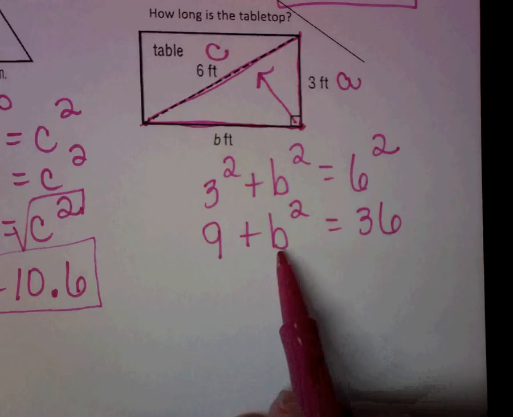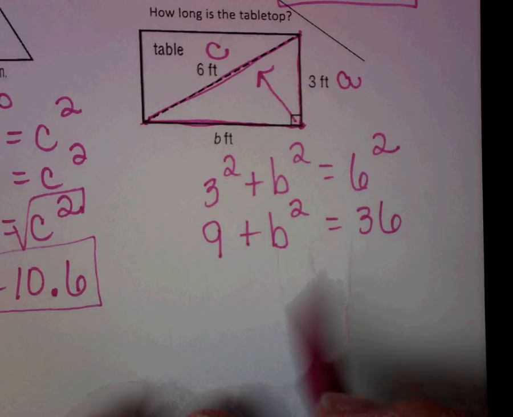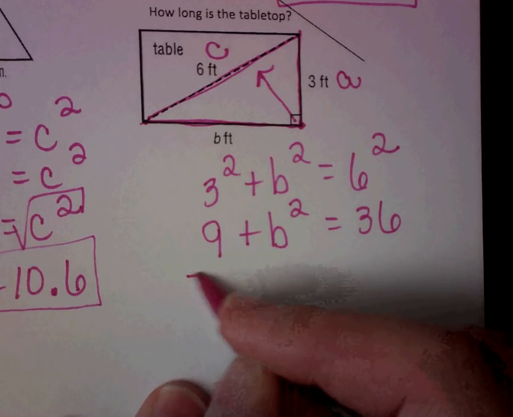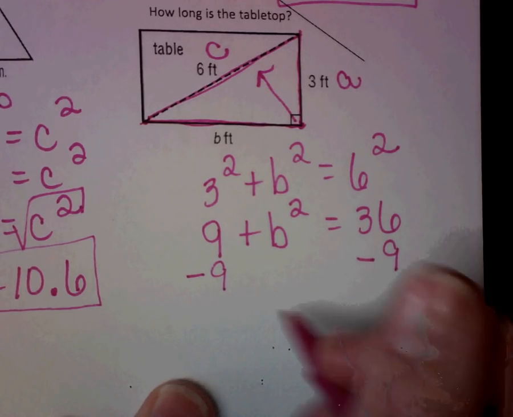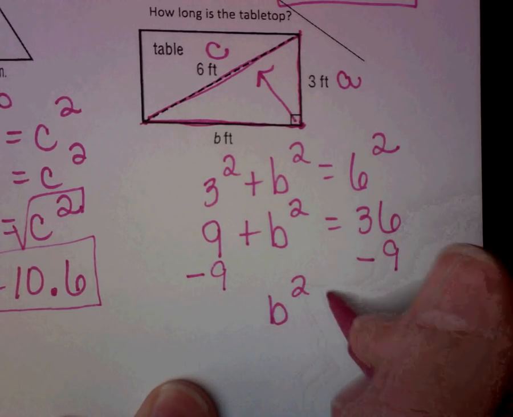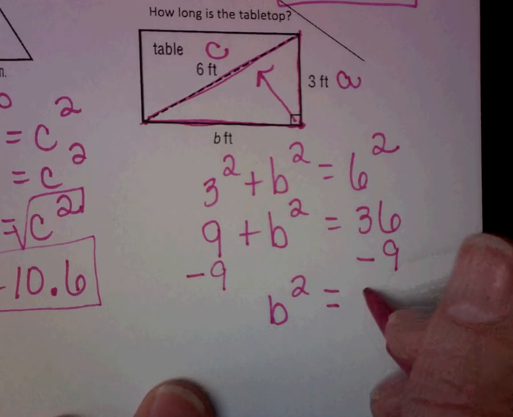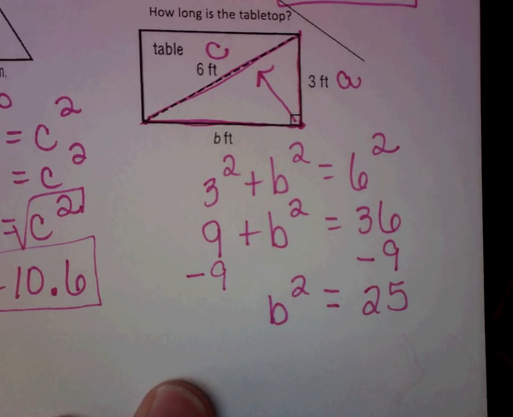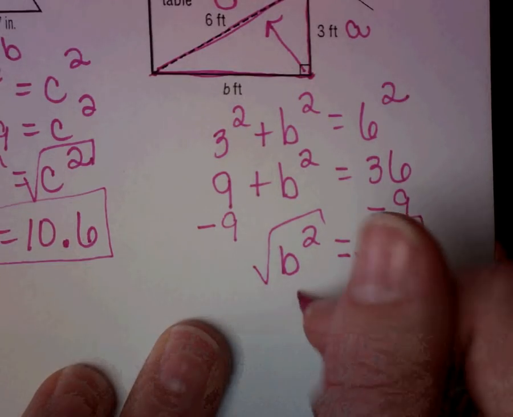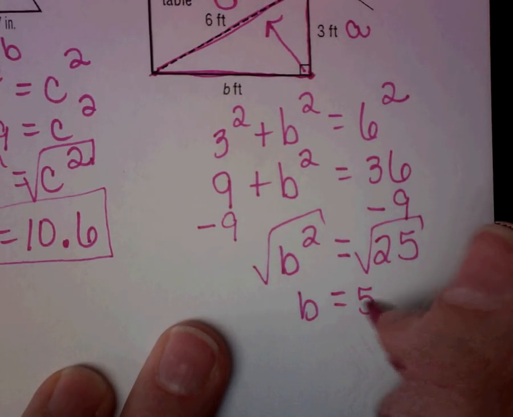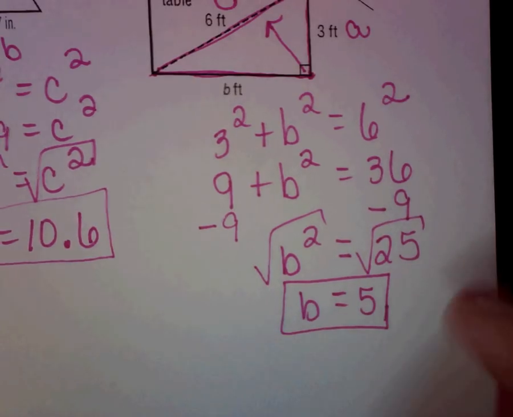So if I want to solve for B, I have to move the 9. I have to cancel it out by subtracting, just like when we do solving equations. So this would be B squared equals 25. And so the last step would be to take the square root, and we get B equals 5. Okay?